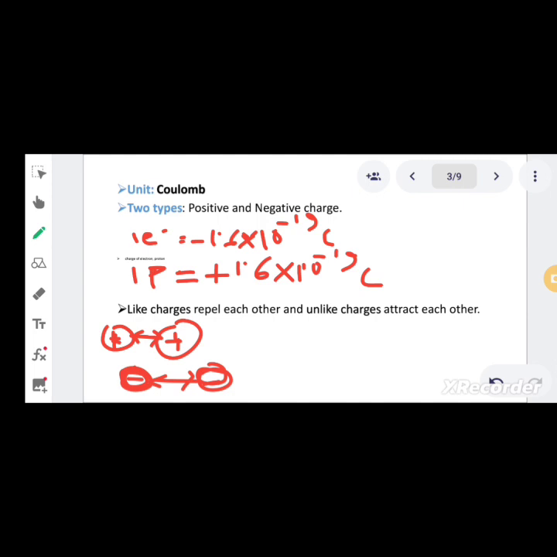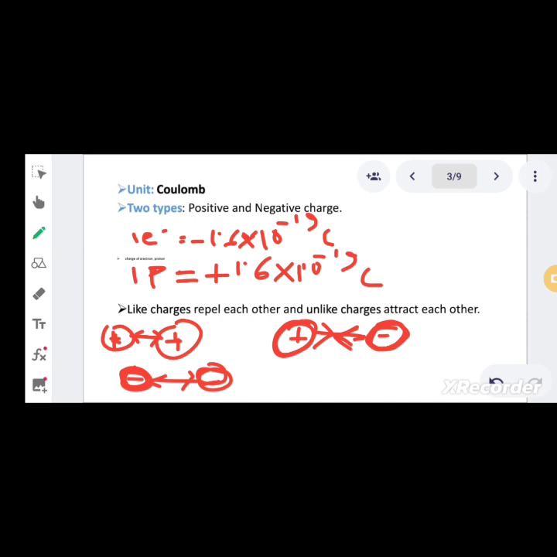Then we have unlike charges attract each other. So if we have a positive charge and a negative charge, then this positive charge will try to attract this negative charge towards itself. Similarly this negative charge will try to attract this positive charge towards itself.